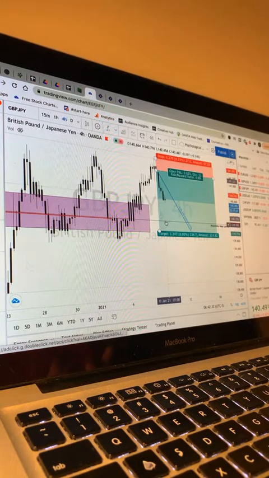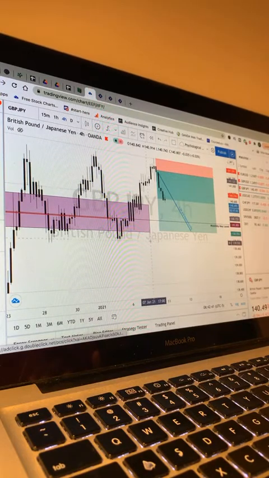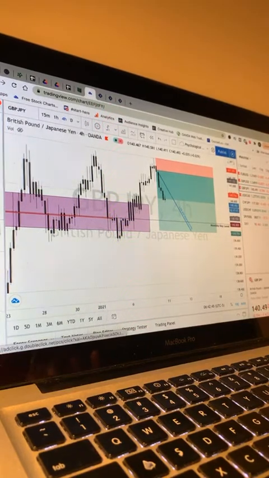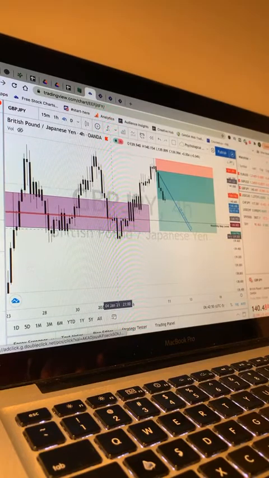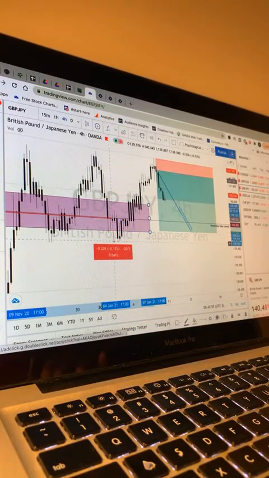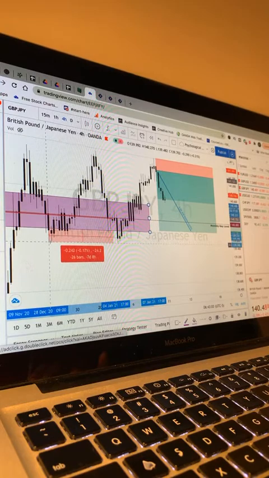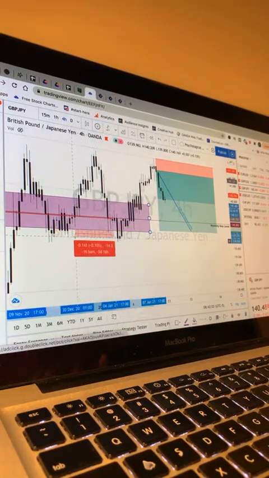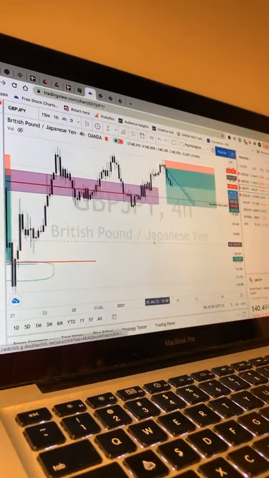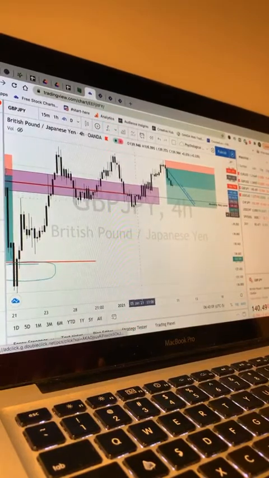That's where I'll be taking my last take profit, around that area. You can see how there is still some room for price to reach, a good 20, 25 pips. But I'm not going to be reaching for that last 20 pips.